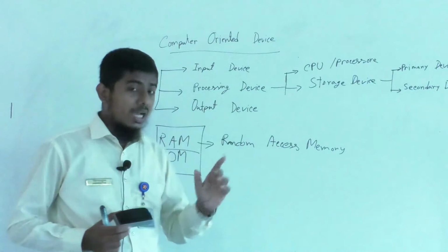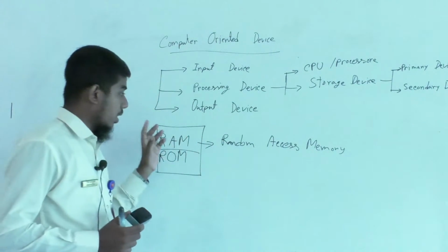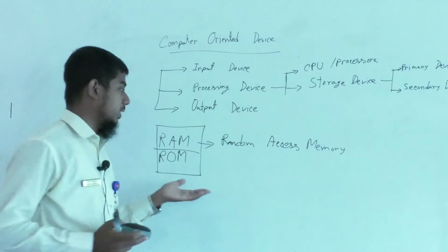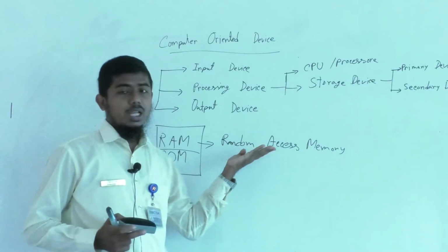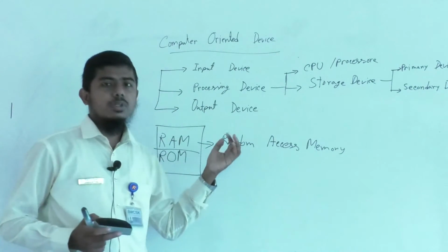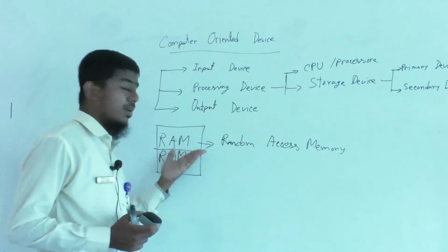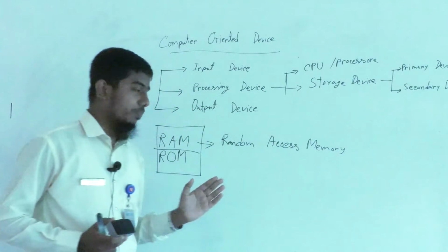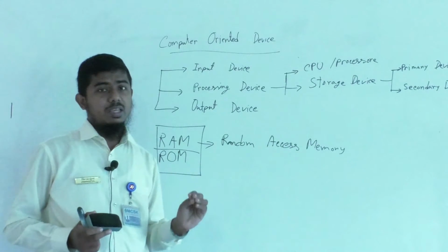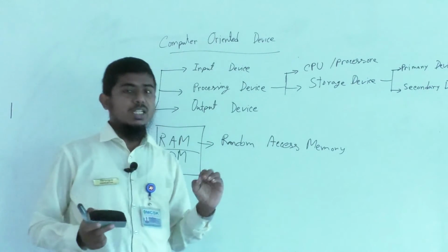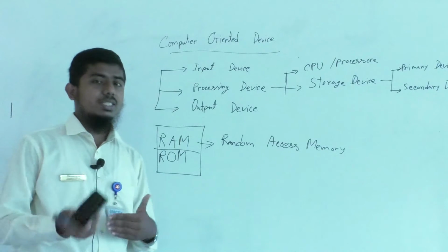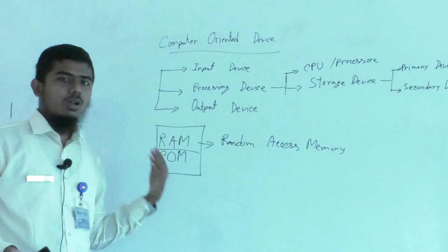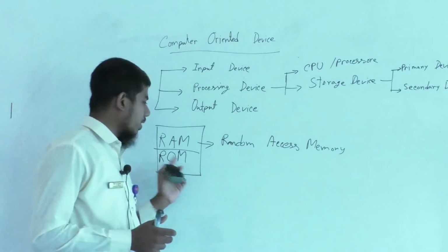But there is a very critical issue: if we lose electricity, then the data held in RAM will be lost. Random access memory has a very speedy data transfer rate, but if electricity is gone, the data of RAM is gone. What is ROM?